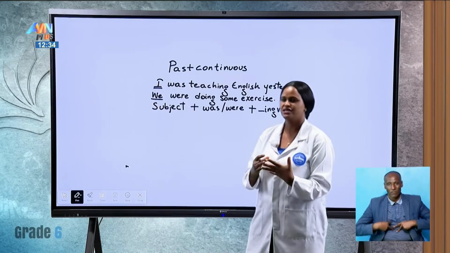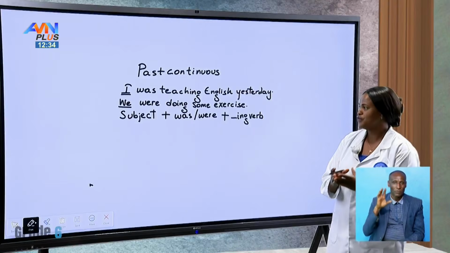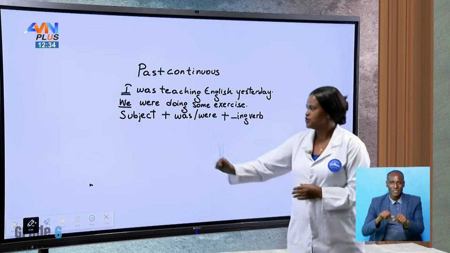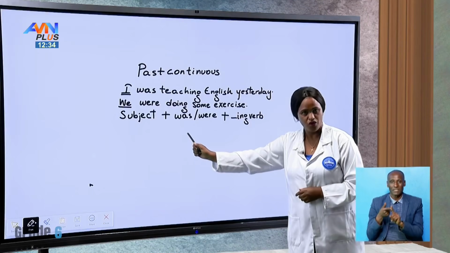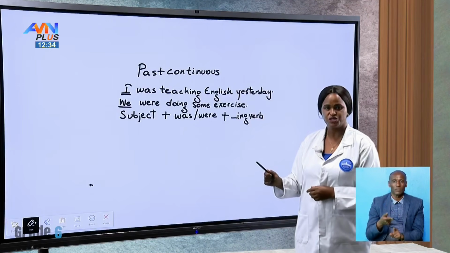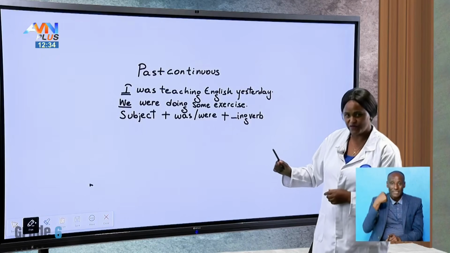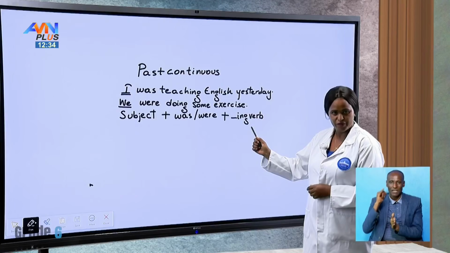We can have an object or a complement. So, the form of past continuous is, as you can see it here, we have a subject, then was or were, which is a past auxiliary, and the verb type is the ING form of a verb.